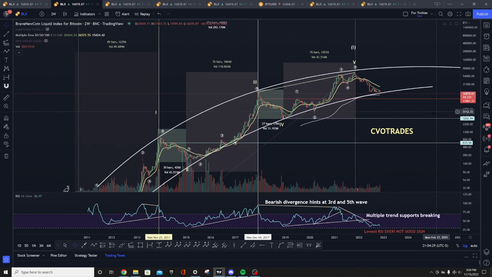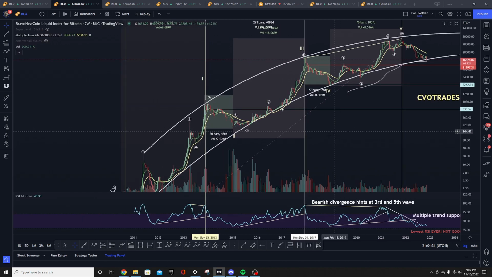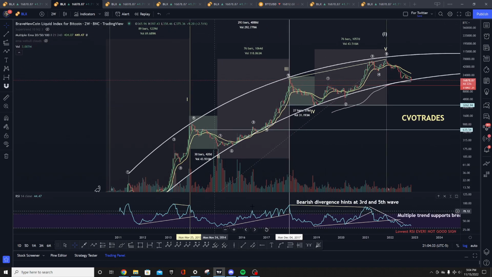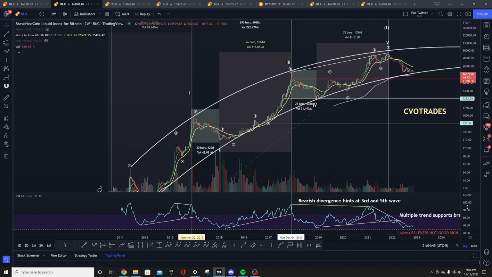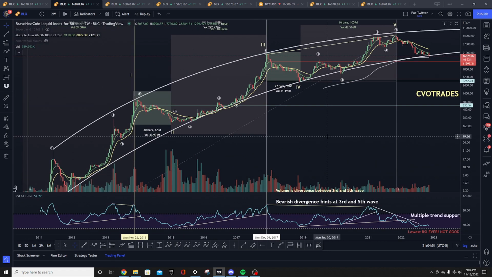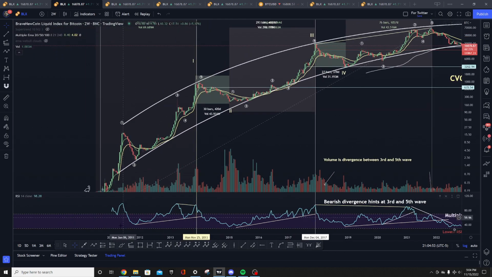The reason why this count is also appealing is there are multiple breaks in the RSI trend line, and this is the assumed wave 3, and that's wave 5. There's clear bearish divergence. That's a big hint of a third and a fifth. People that discount RSI don't know what they're talking about, because RSI precedes price action.